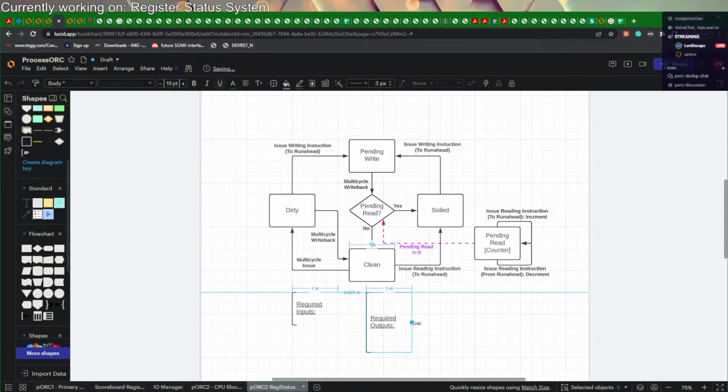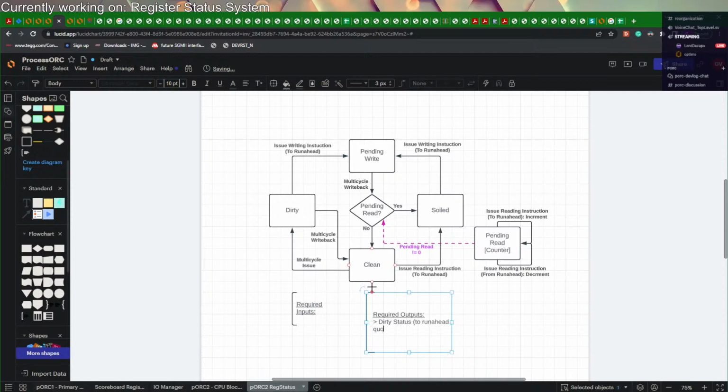The only thing we really care about is pending, and the dirty status to go to the run ahead queue.